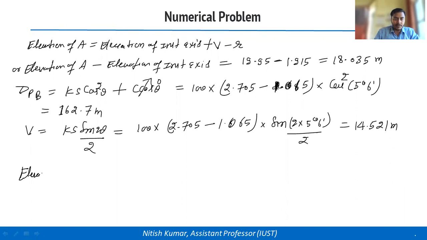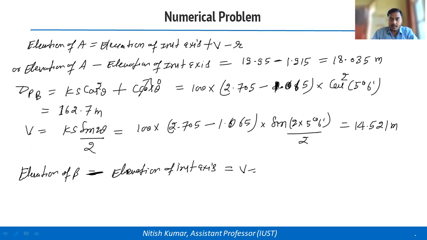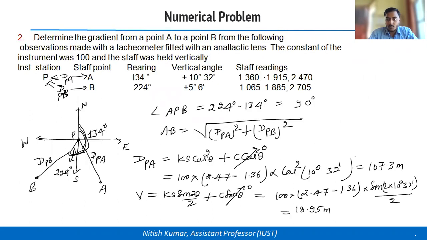Directly we can write the elevation of B minus 1.885.